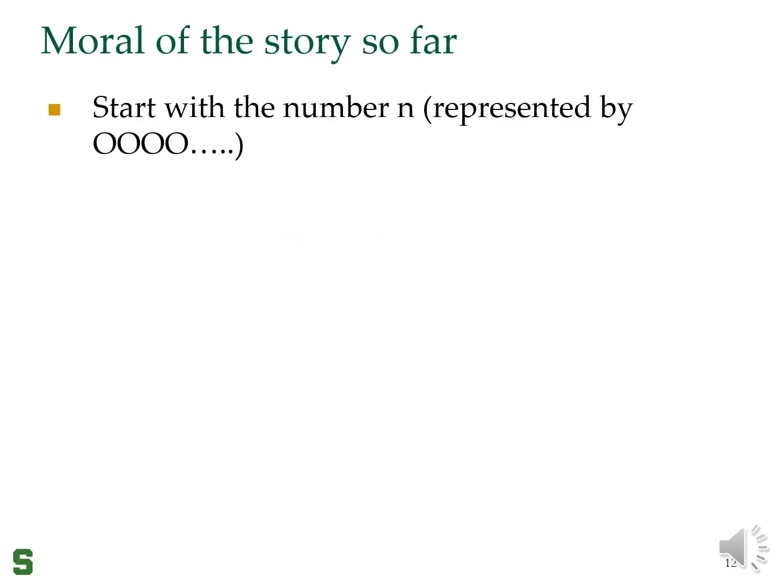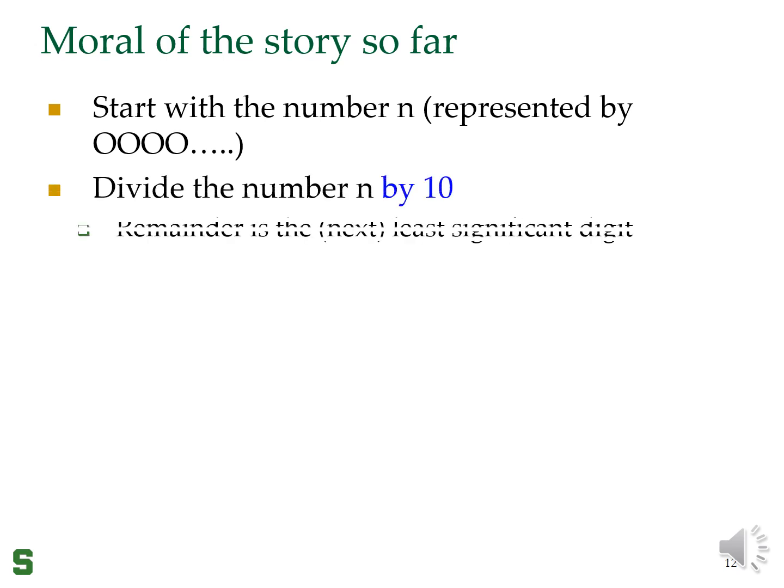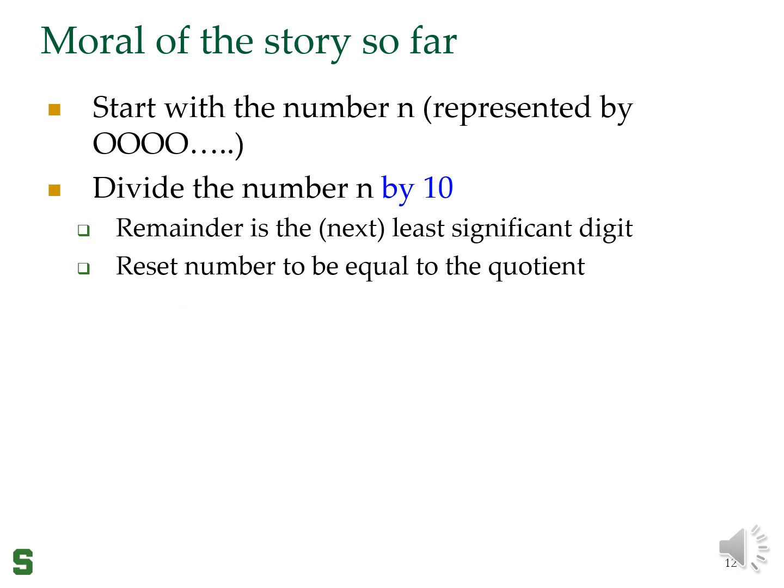Moral of the story so far: I start with the number n represented by O's and divide by 10. That gives me the least significant digit if I use the remainder. I take the quotient, reset n to be the quotient, and repeat until I find all the digits.